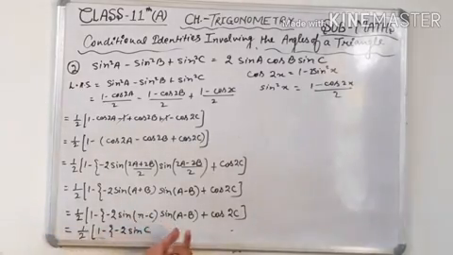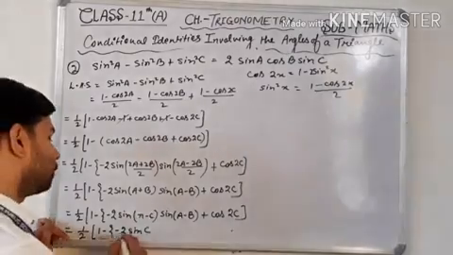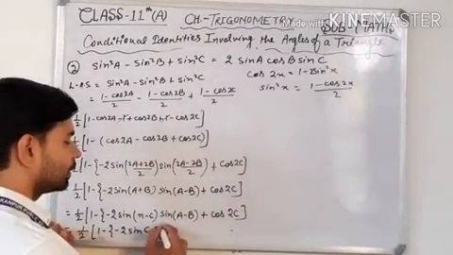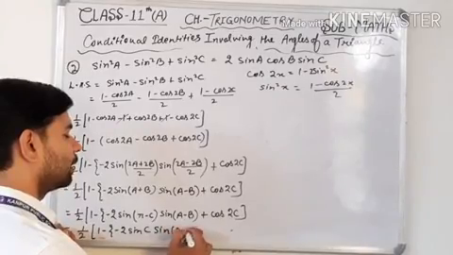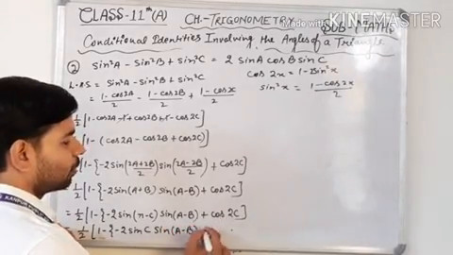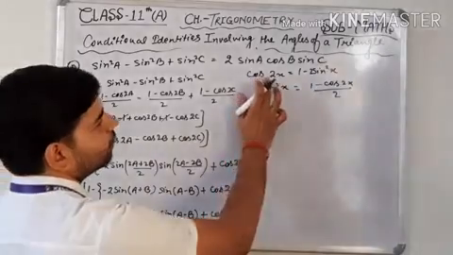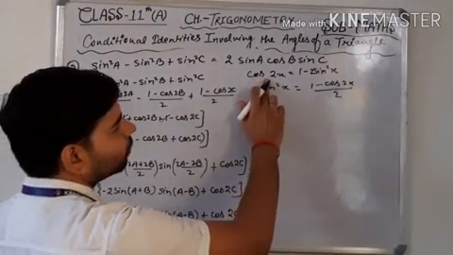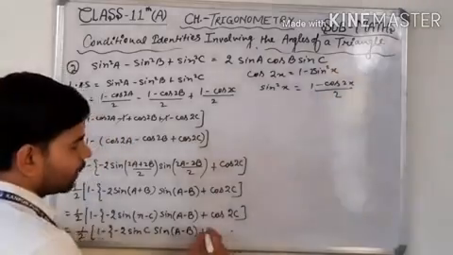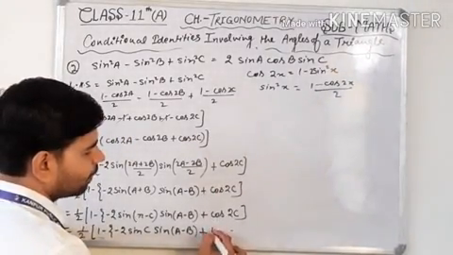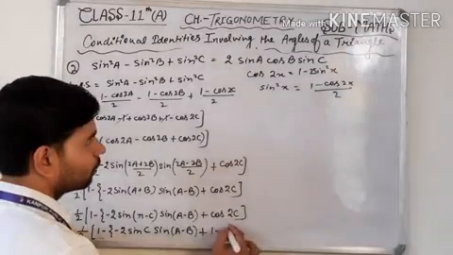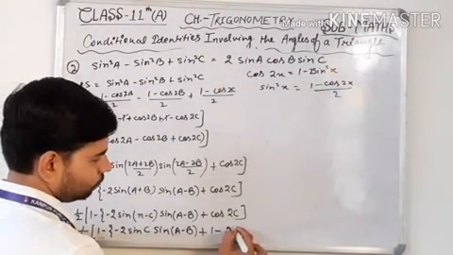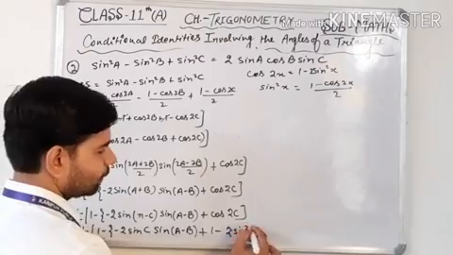Sin (180 minus theta) is sin theta. Minus 2 sin c sin (a minus b). Now cos 2c, use this formula, cos 2x equals 1 minus 2 sin square x. So this will become 1 minus 2 sin square c.